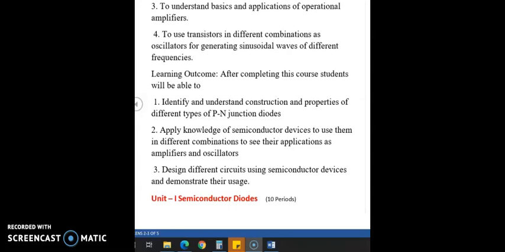Those which 100% oppose the flow of current are said to be insulators. So depending upon the nature of the material, they are classified into conductors, good conductors, bad conductors, superconductors, and so on.